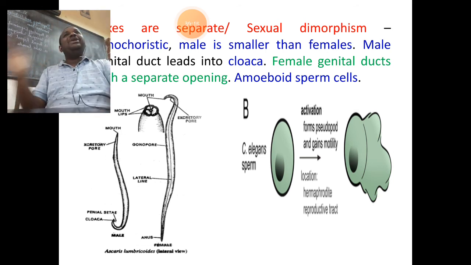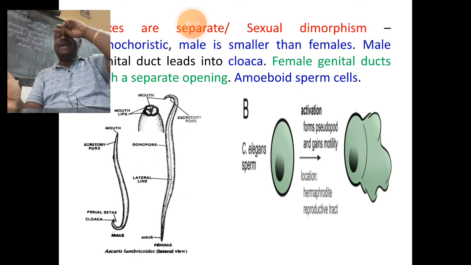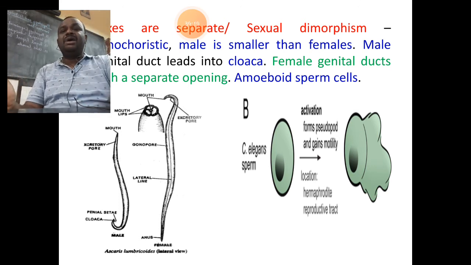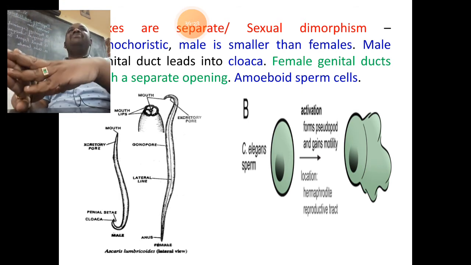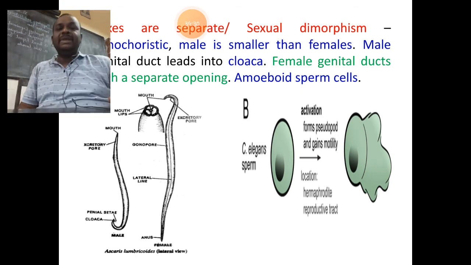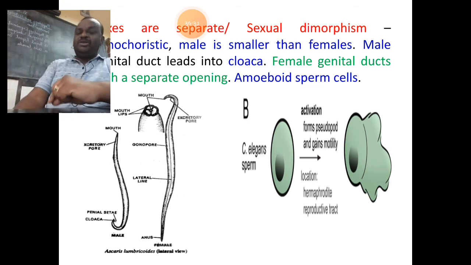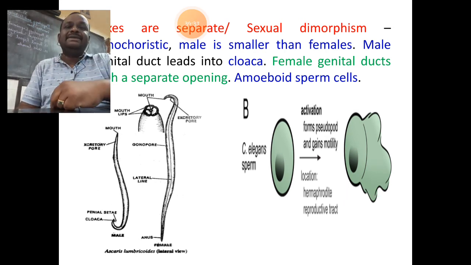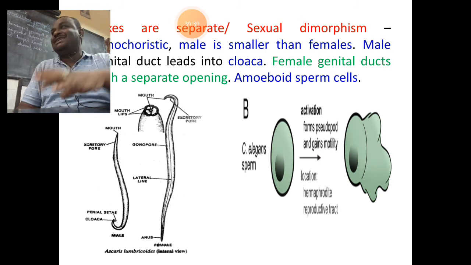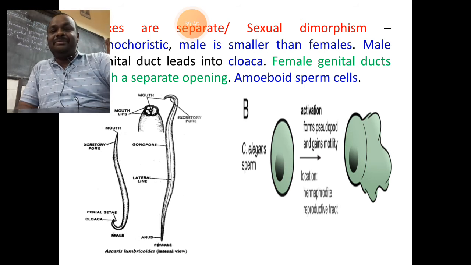So there is separation of the opening of the digestive system and reproductive system, namely the anus and gonopore, in females, whereas in males both remain the same, which we call cloaca. Now the males will produce a special kind of sperm cells, or sex cells, which are of amoeboid shape. So amoeboid sperm cells are a special feature related to the males here.